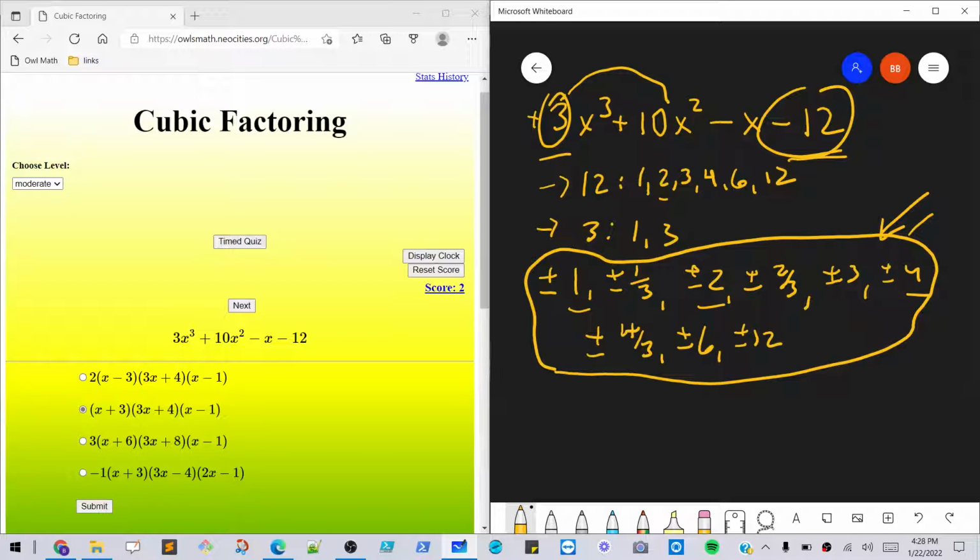This is a positive, so there's no sign change here, but there's one sign change here, and then that's not changed. So we say there's a possibility of one positive root. I think we're going to have one positive root.